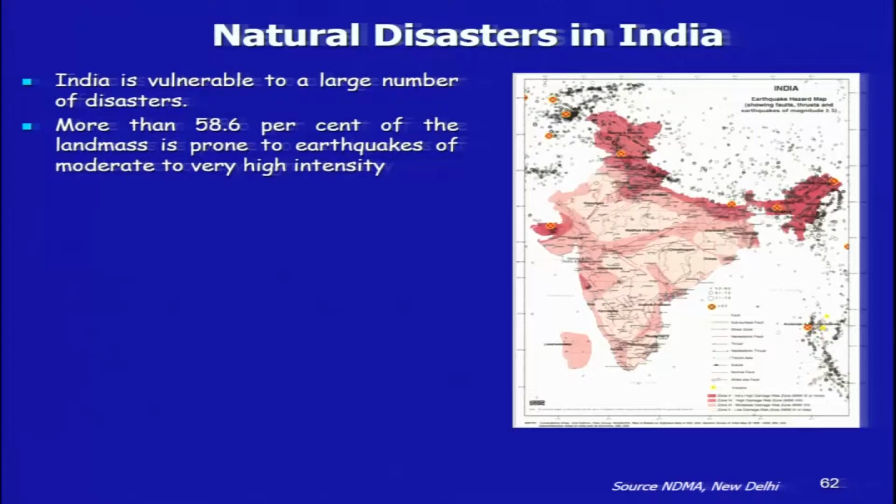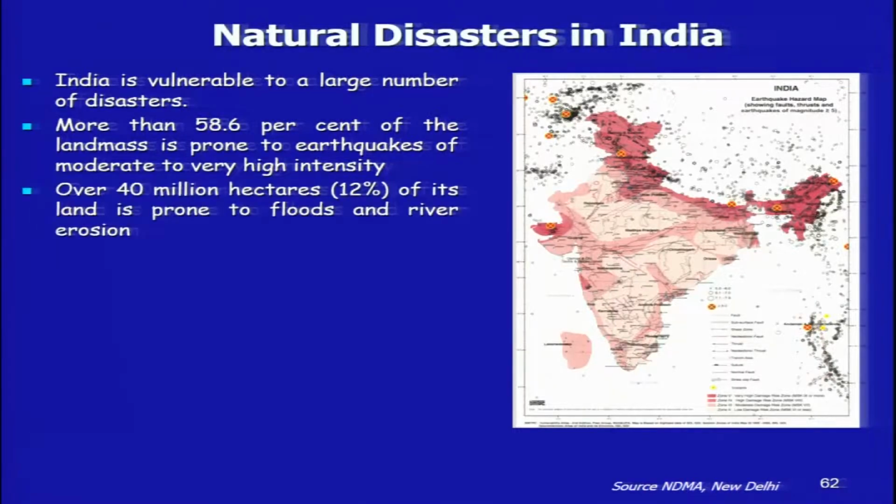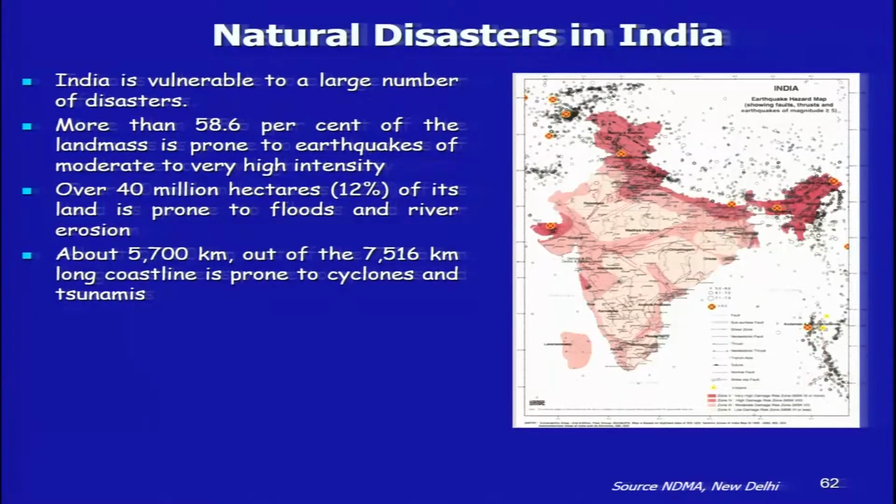More than 58.6% of the landmass is prone to moderate to very high intensity earthquakes. Over 40 million hectares of land is prone to floods and river erosion. About 5,700 kilometers out of the 7,500 kilometer long coastline is prone to cyclones and tsunamis.